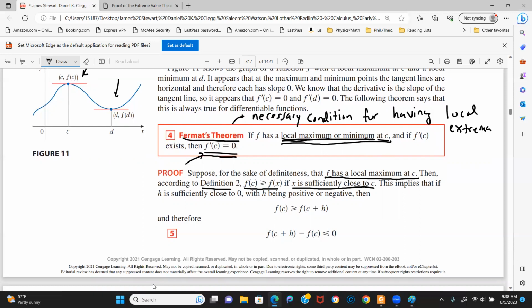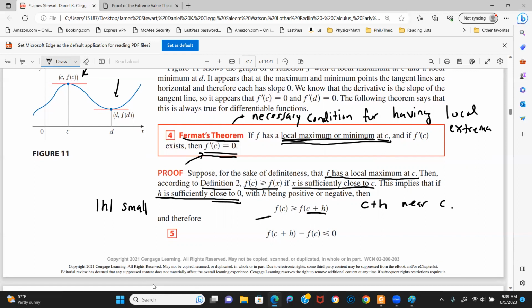So what this means is that if you take h to be sufficiently close to zero, that is, if you take the absolute value of h to be small, that's what it means to be close to zero, then f of h plus c is a point near c because h is very small.